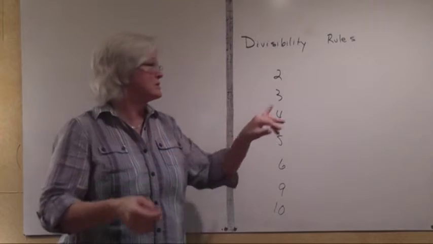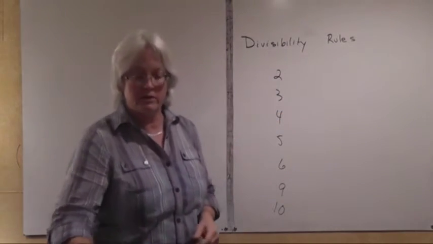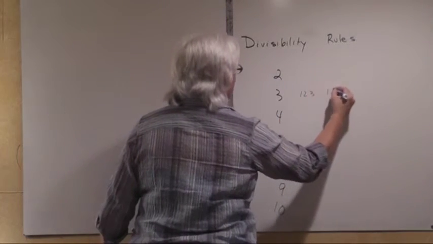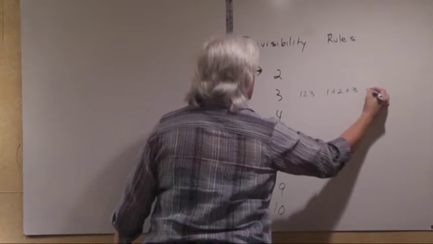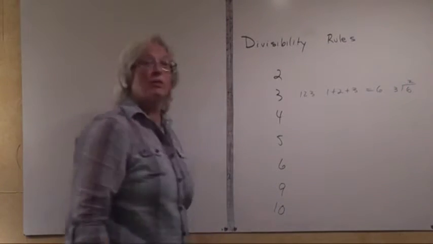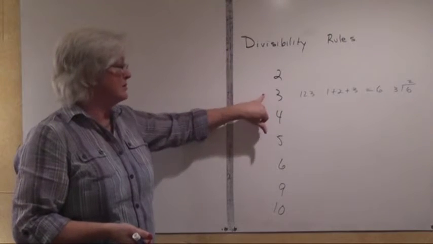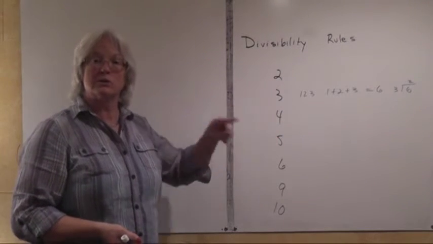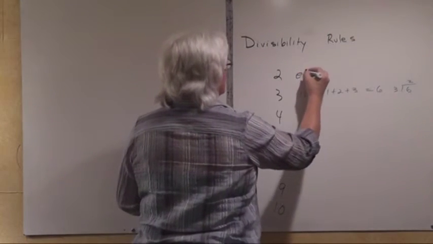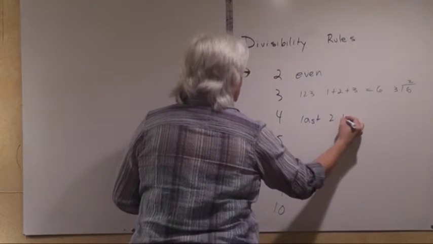You add up all of the digits. 123 is divisible by 3 because you add the digits together, 1 plus 2 plus 3 is 6. 6 is divisible by 3, so the entire number is divisible. Sum of the digits. With 4, let's look at the last 2 digits.